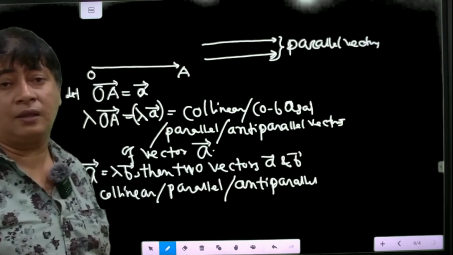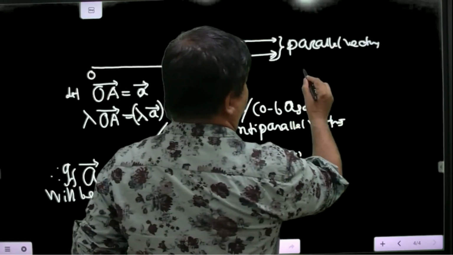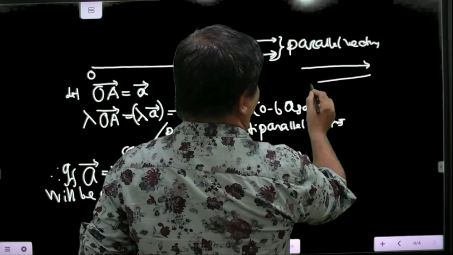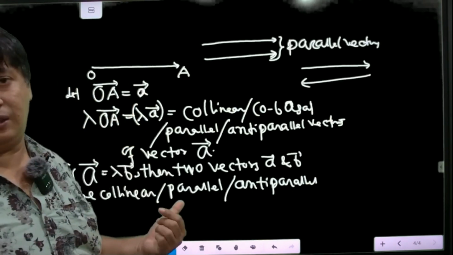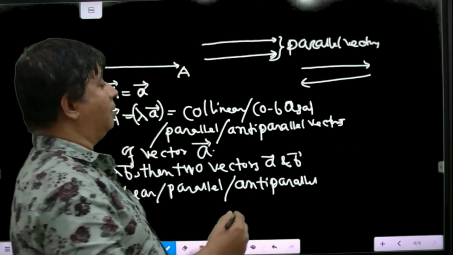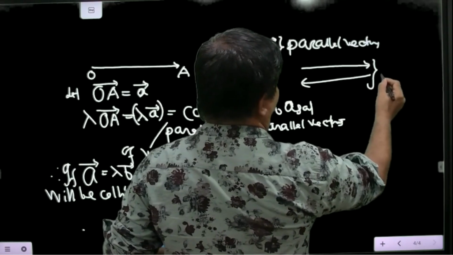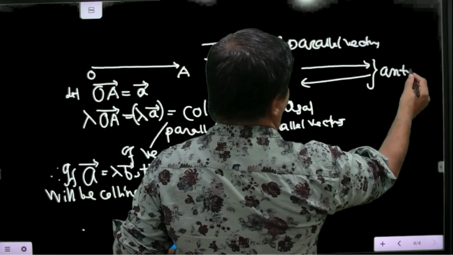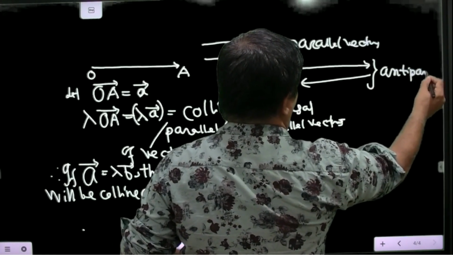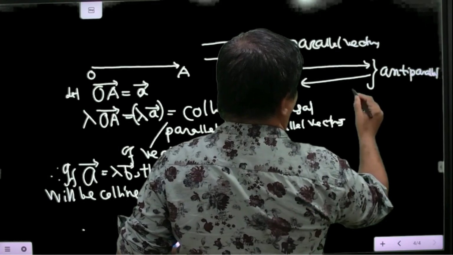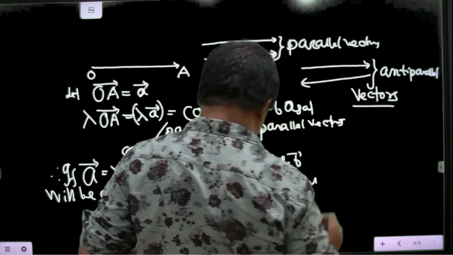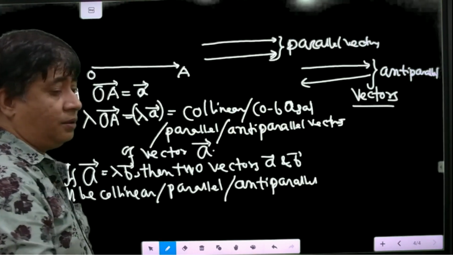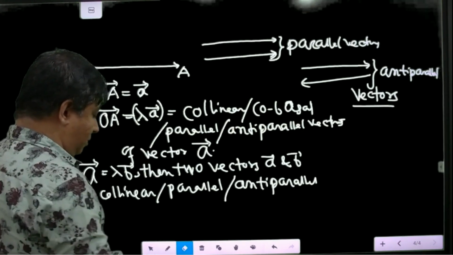Okay, and if there are two non-intersecting vectors but the direction is different, that is called anti-parallel vectors.